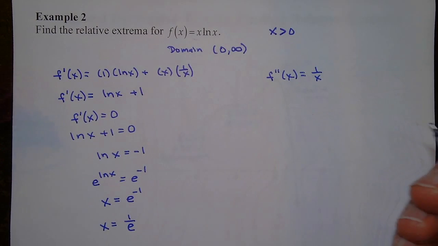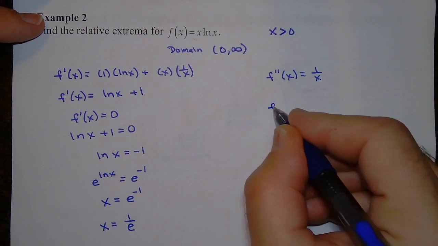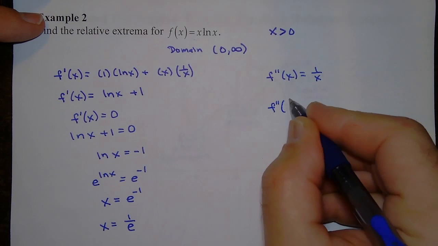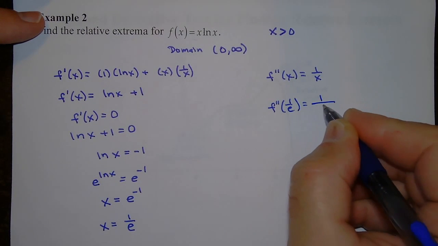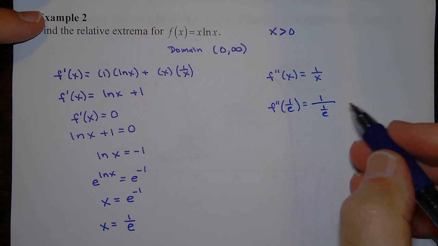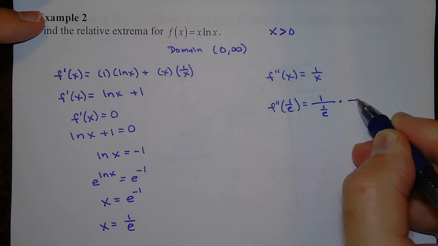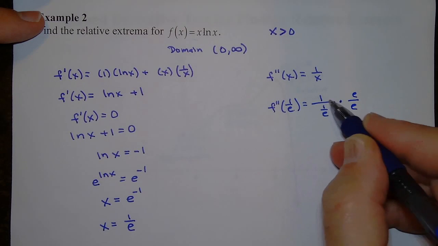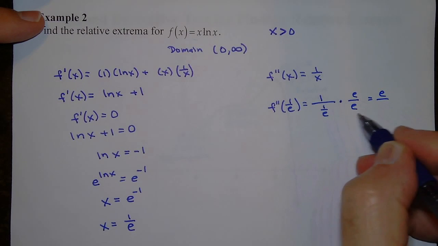So then, let's see if we can tell the concavity of it. So that means f double prime of 1 over e. Well, that'd be 1 over 1 over e. So that's a complex fraction. So I'm going to multiply this fraction by e over e, and that makes the numerator become e and the denominator 1.